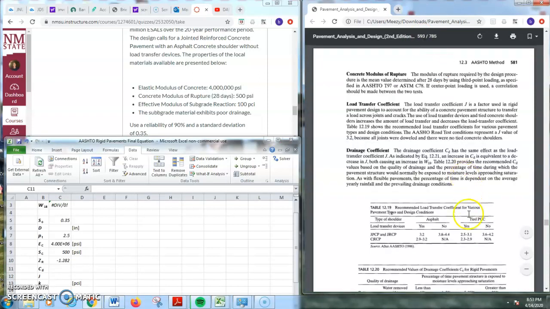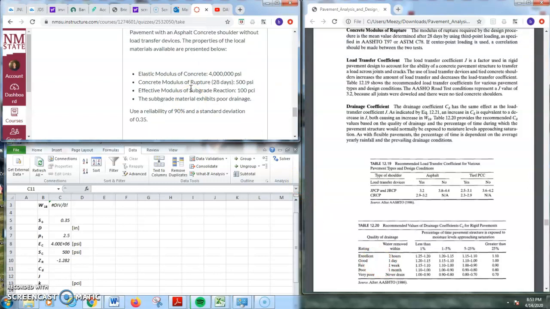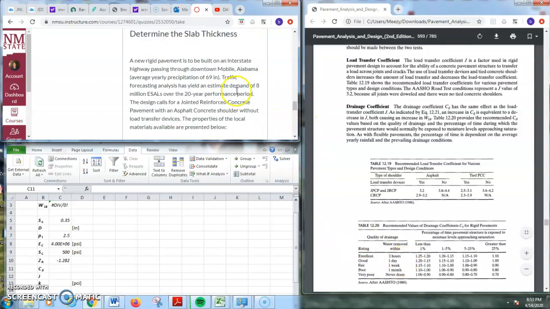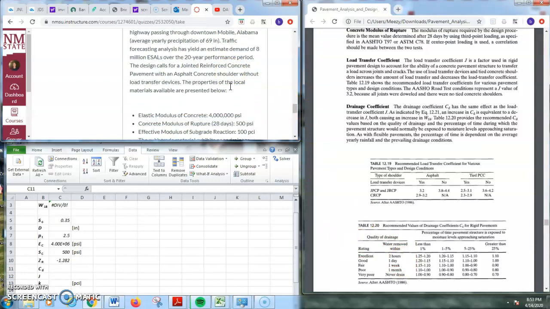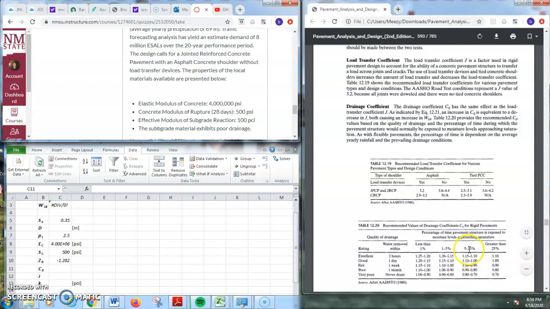Drainage coefficient. We have poor drainage, and we are in Alabama, 69 inches a year. Poor drainage, 69, 5 to 25%.